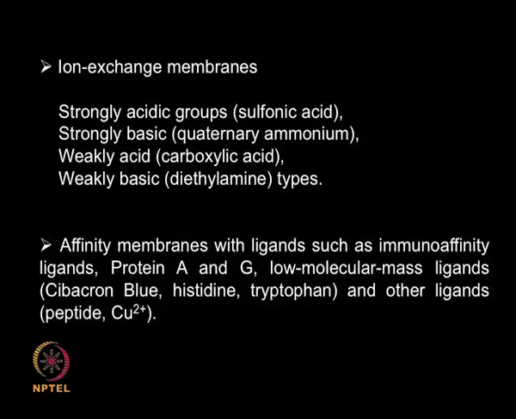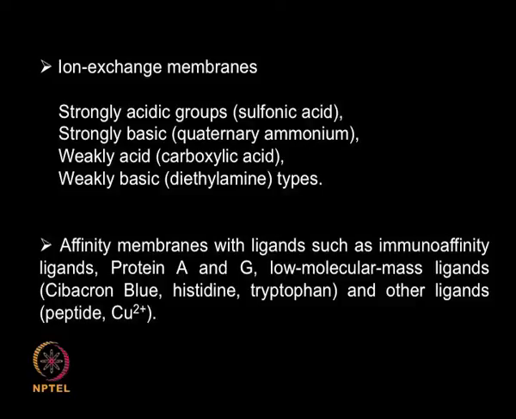So ion exchange membranes, there will be strongly acidic groups like sulfonic acid, or it can be strongly basic groups like quaternary ammonium. It could be weakly acidic like carboxylic acid, or weakly basic like diethylamine types actually.